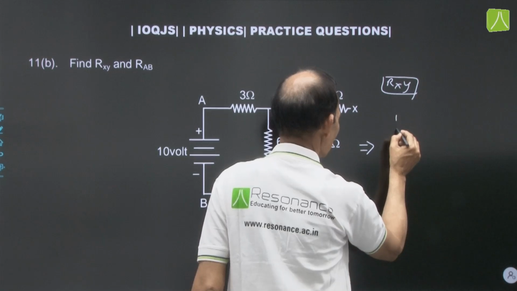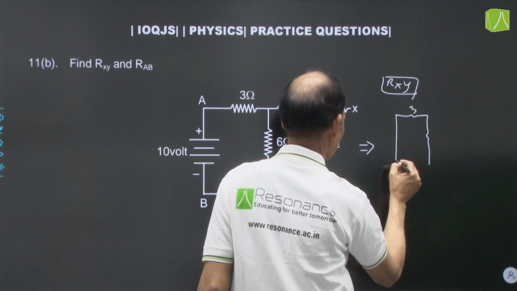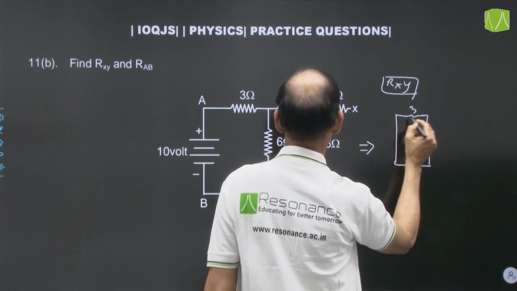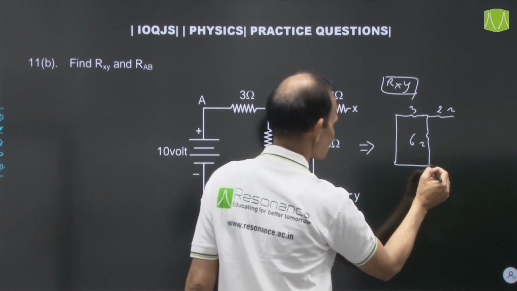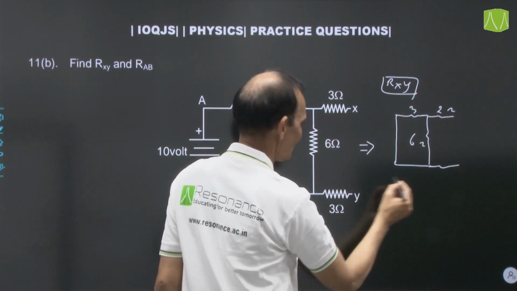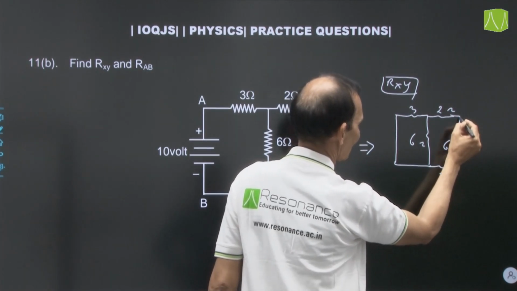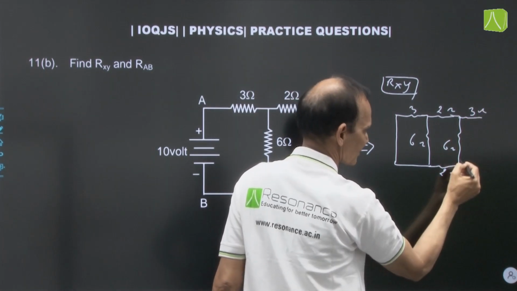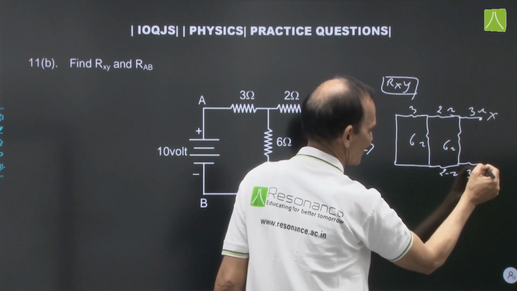This is 3 ohm, 6 ohm, 6 ohm, 2 ohm, again 2 ohm, 6 ohm, 3 ohm and also 3 ohm. This is X, this is Y.